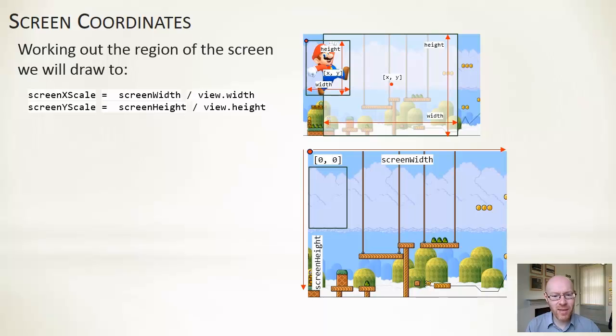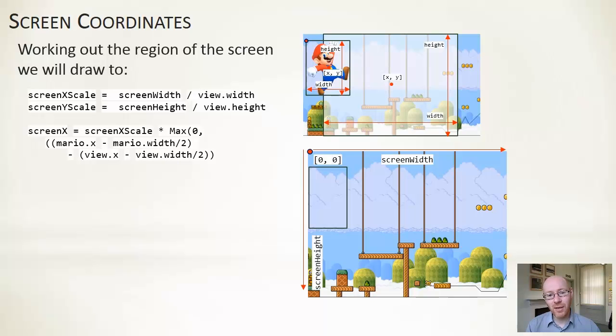Having done that, we then do something very similar to what we did with the other one. Effectively, it's more or less the same type of calculation. We're looking to see, okay, where does Mario begin relative to the screen? More or less exactly the same calculation as before. This time we're just looking at it from the screen's perspective. We're scaling it by the x-axis of the screen, and we do exactly the same for the y. So this is no different than the calculation before.